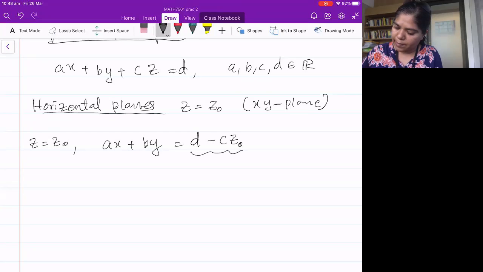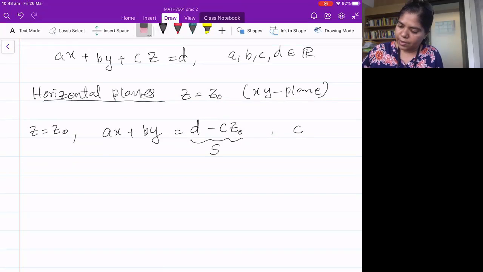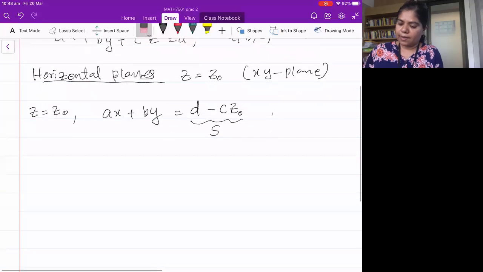Maybe call it s. Here, a, b, c are assumed not equal to 0 in this plane.